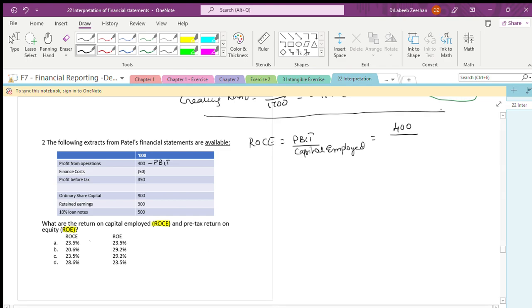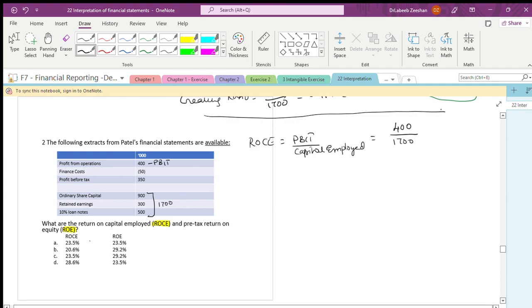Capital employed. How much is the capital employed? 1,700.